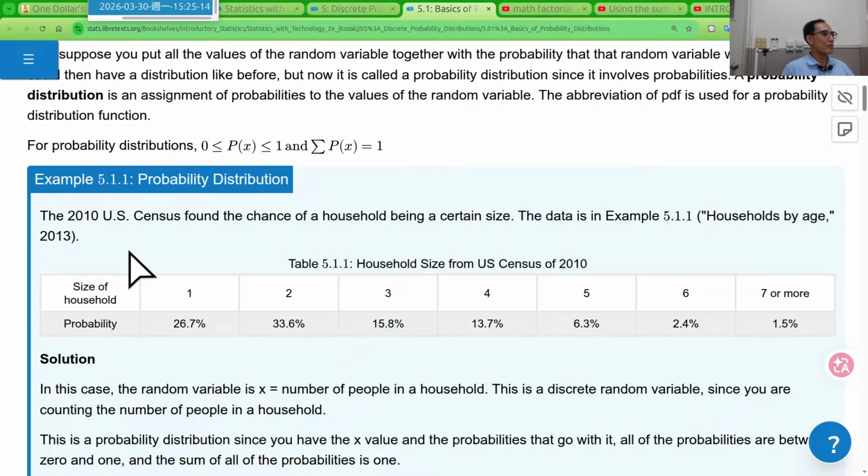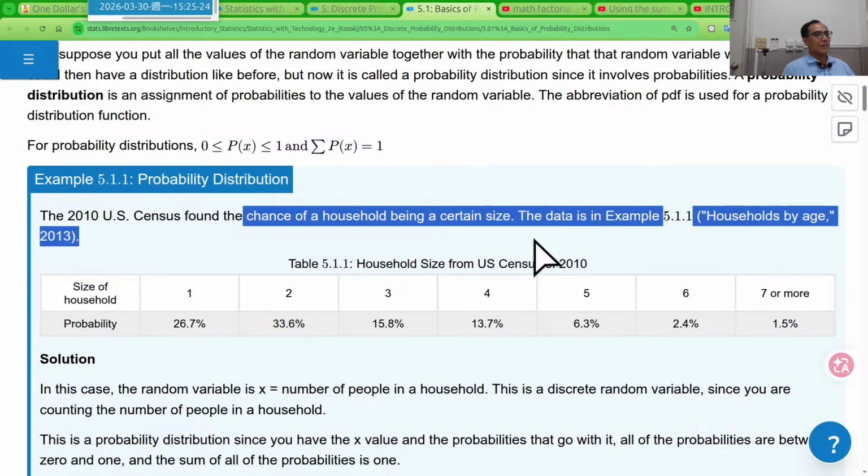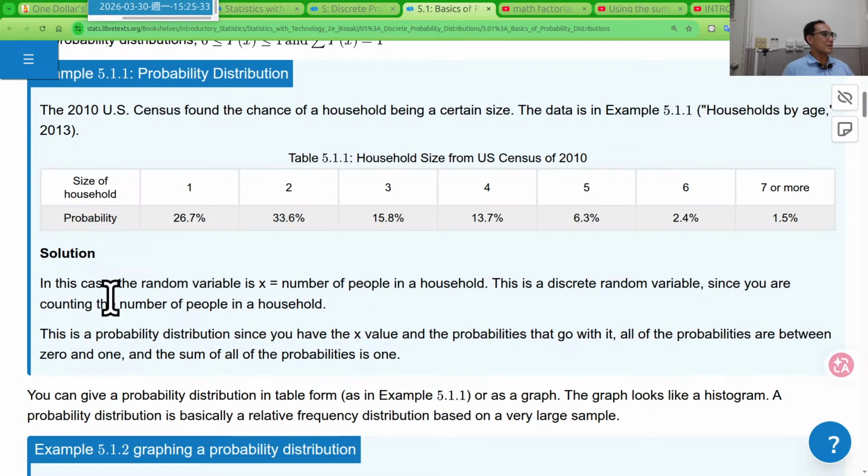Example 5.1.1, probability distribution. The 2010 US Census found the chance of a household being a certain size. The data is in example 5.1.1, households by age 2013. The numbers are here.